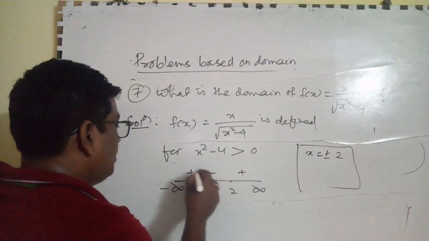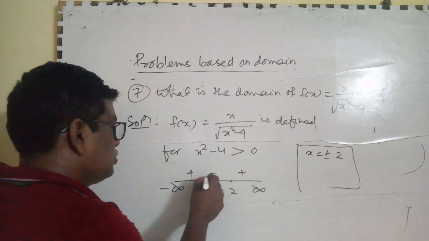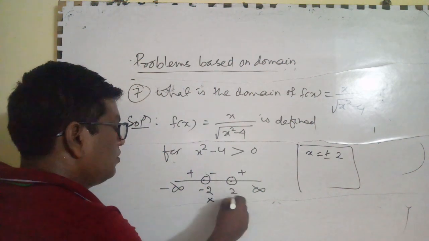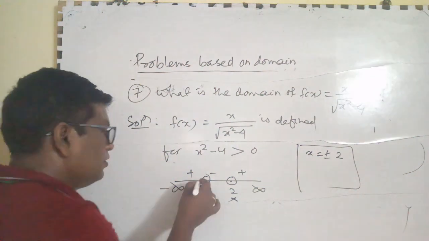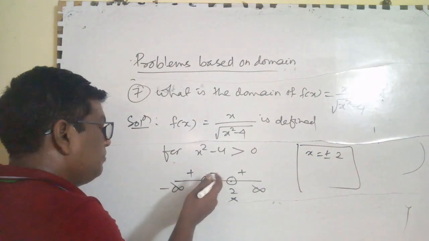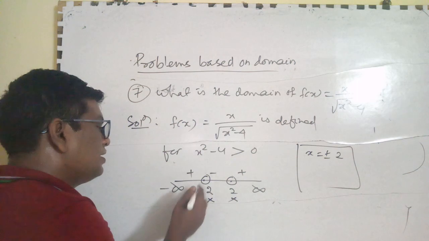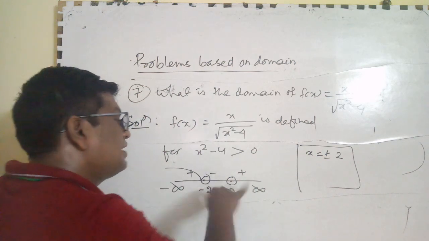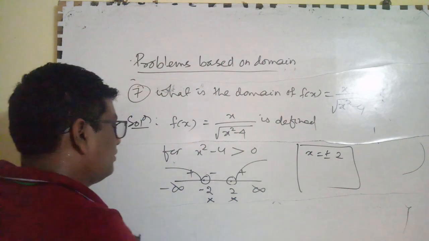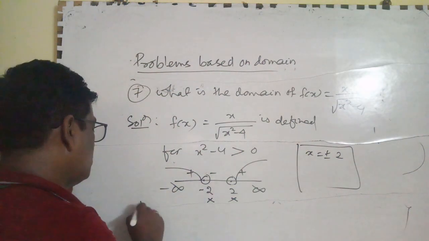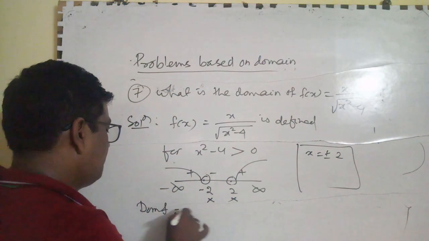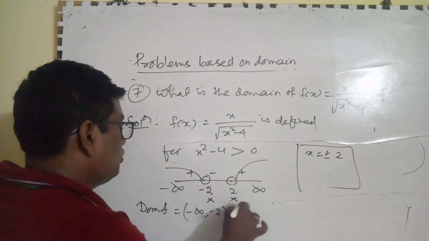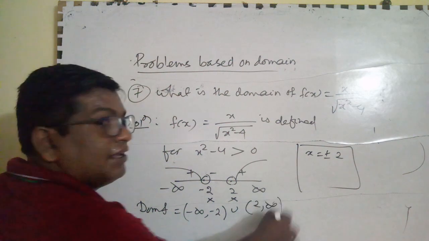Here the equal sign is absent, so both 2 and minus 2 are excluded. That is, minus 2 excluded and less than, plus 2 excluded and greater than. That is dom f equal to minus infinity, minus 2 union 2 comma infinity.